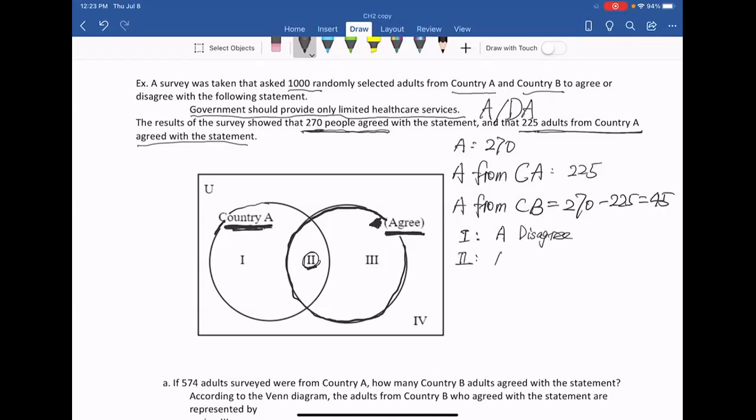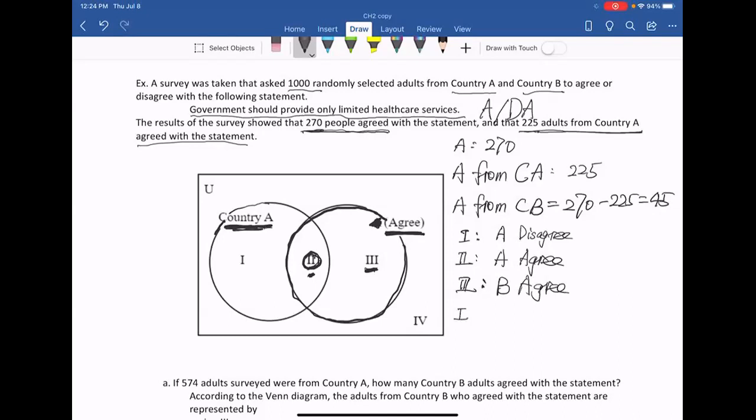That means the people from country A who agreed. Region 3 means the people from country B who agreed, because in the agree set we have two parts. One is here, intersecting with country A, the people in country A who agreed. And another part means the people from country B, meaning B agree.